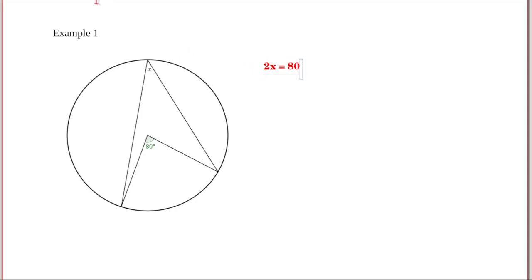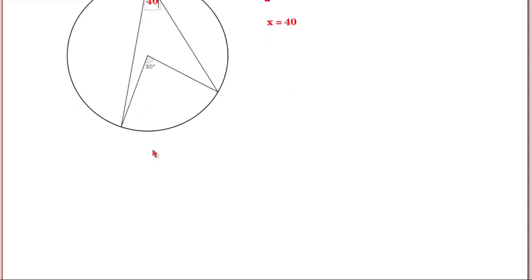Then from there, let me divide both sides by 2. If I divide this one by 2 and this one by 2, I'm getting that x is equal to 40. So the angle here is 40. So if you multiply 40 by 2, you are getting 80.